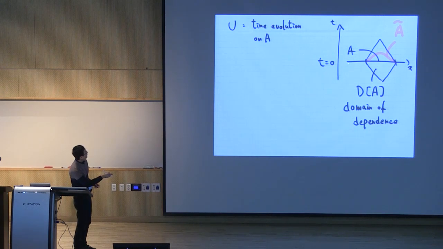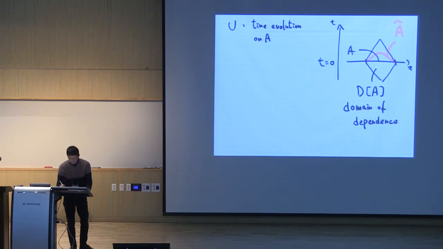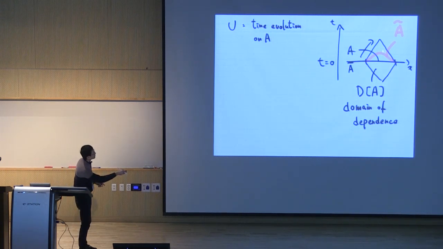Any information outside A cannot enter into the domain of dependence of A. Any information in A bar cannot enter into the domain of dependence. That means that all the information inside D of A is completely fixed by the initial condition on A.